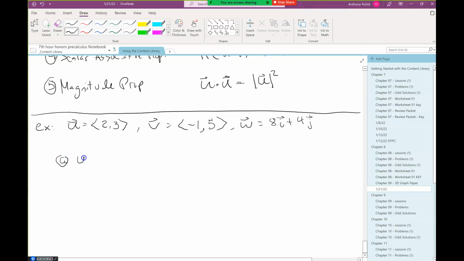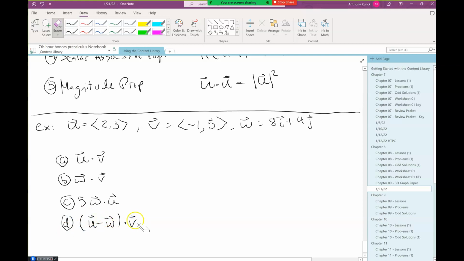And we're going to do u dot v, and then w dot v, and then 5w dot u, and then u minus w dot, let's do dot 2v. Just do a couple examples here right quick.